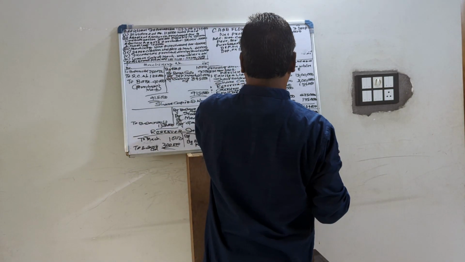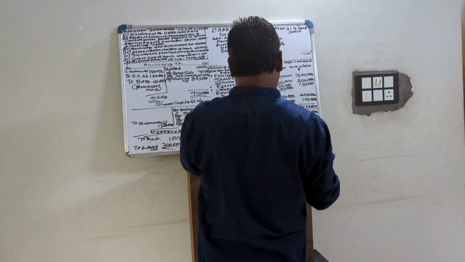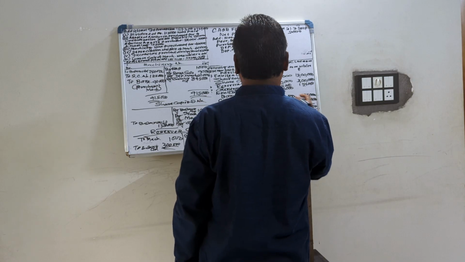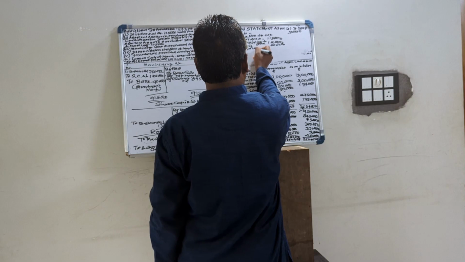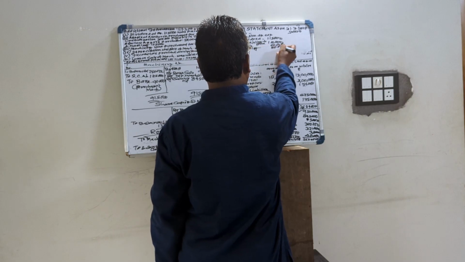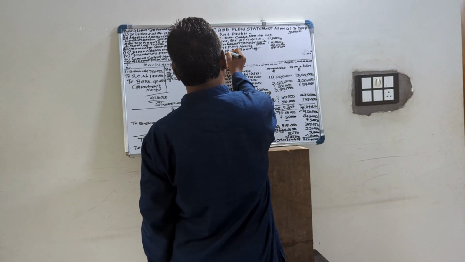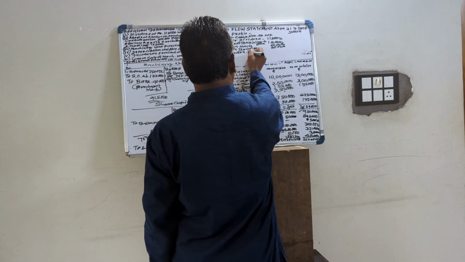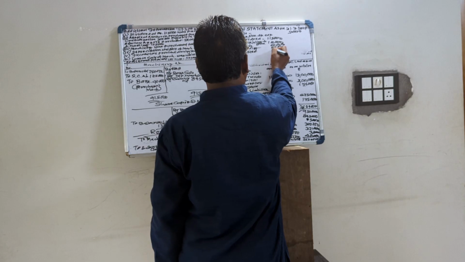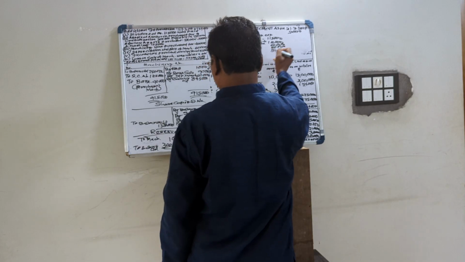Because opening of the building was 10 lakh, closing 9,50,000, that is depreciation on building is 50,000. Then transfer to general reserve. The amount is 51,000. That we already calculated here.